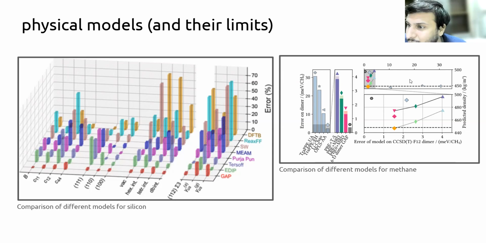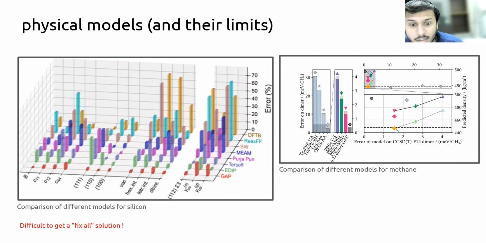And I guess what they're really trying to tell you here is that if you look at all of these models, and these are all empirical or data-driven models, some give you the right density, and then the same models actually don't give you a very good description of the dimer energy, while other models which give you a good description of dimer energies don't really give you a very good description of your density. While if you use a GAP potential, well, there's one color which you see is spot on. That actually gives you a good description of both of them. So here, you're not in a situation where there's a bit of whack-a-mole going on. You get a systematically better model.